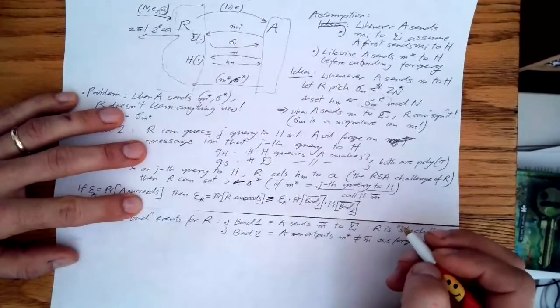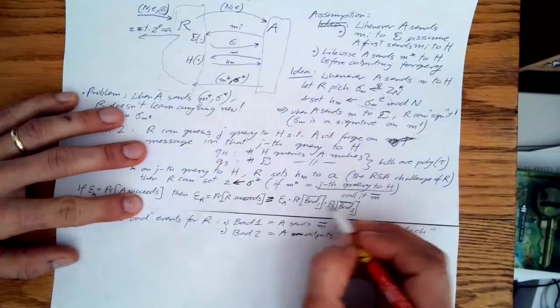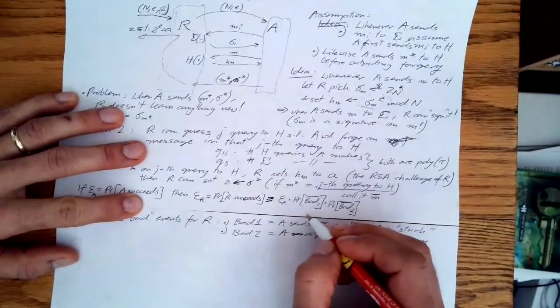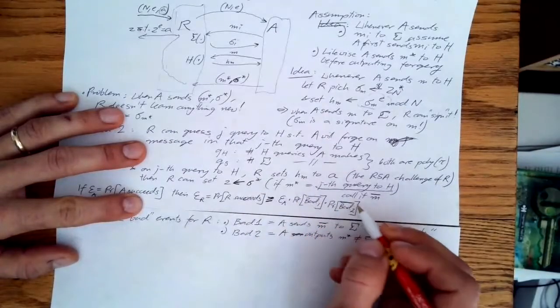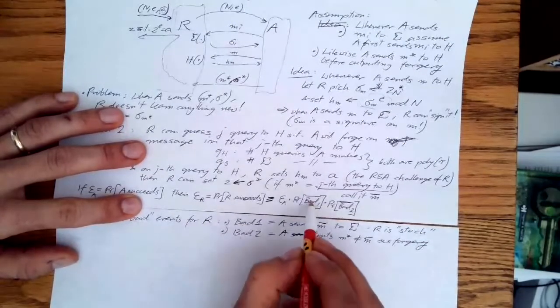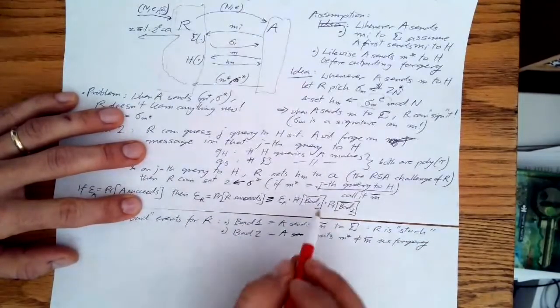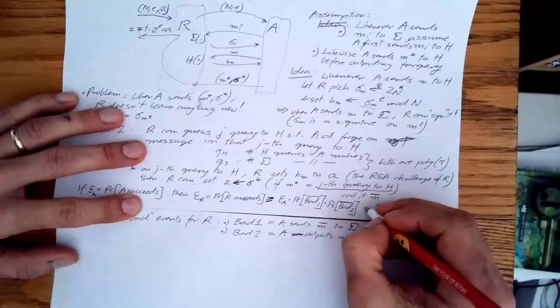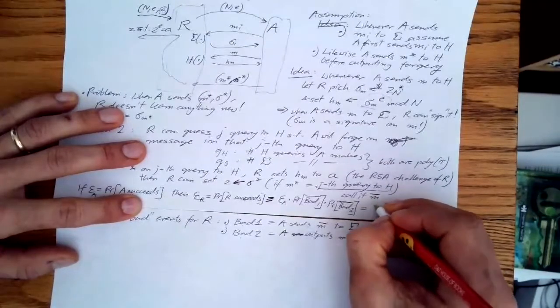Well, I could probably substitute it with just upper bound the probability that either of them happens with the union of bad one and the other. The point is though that, so this is E_A.